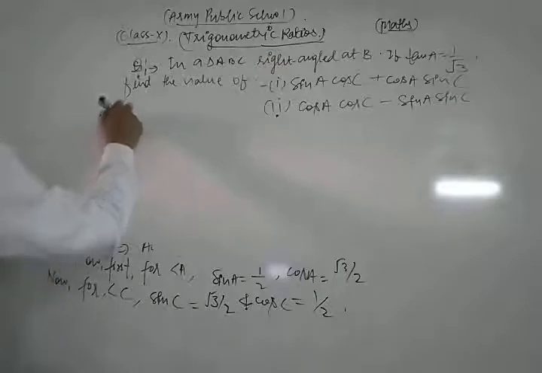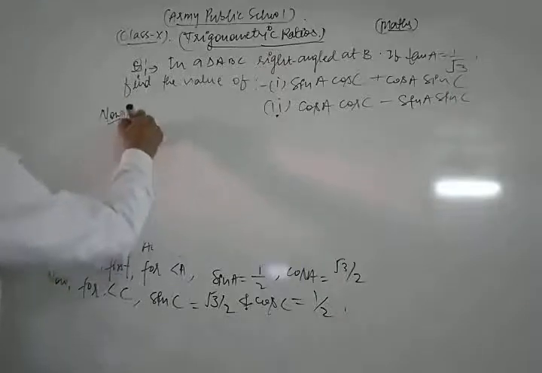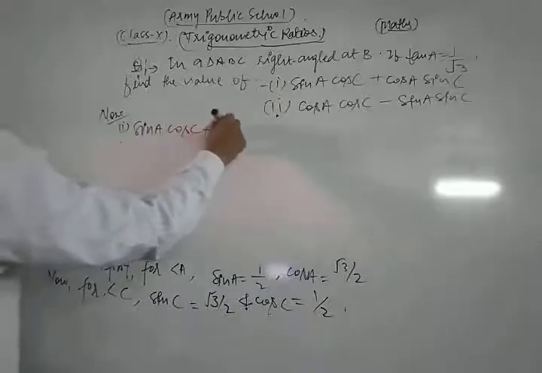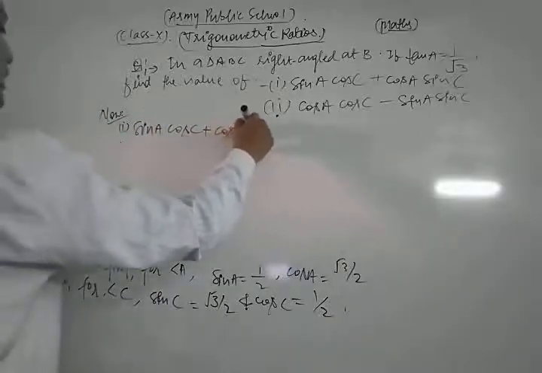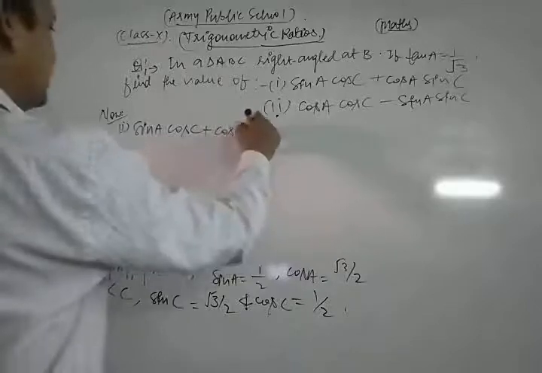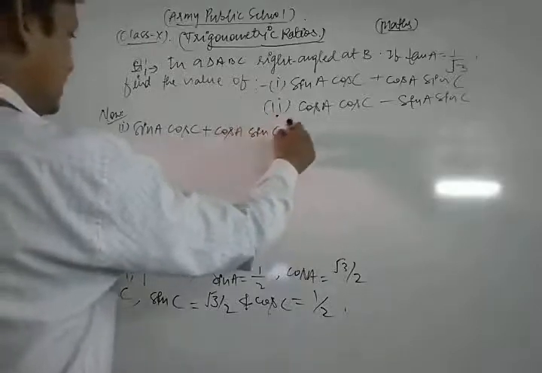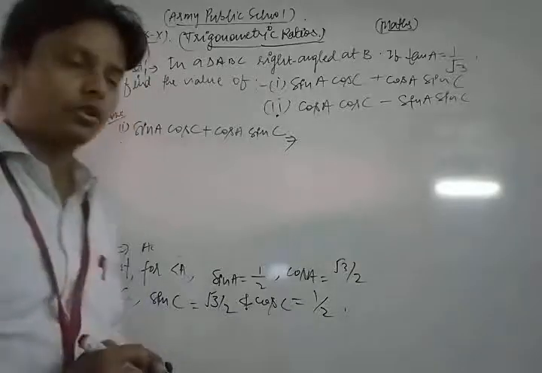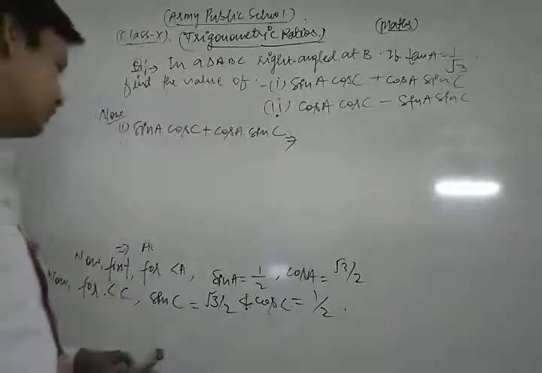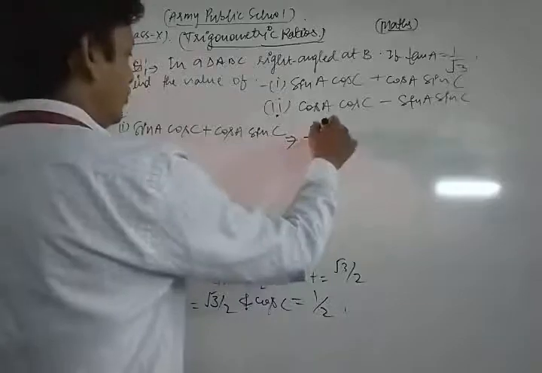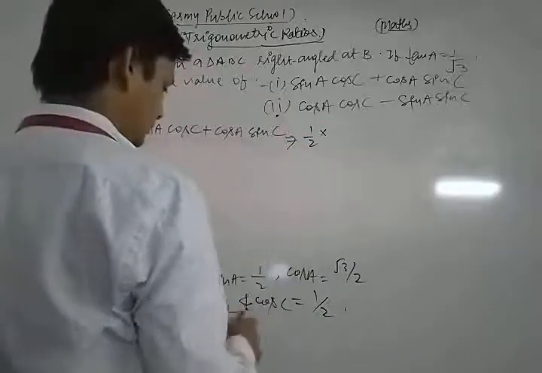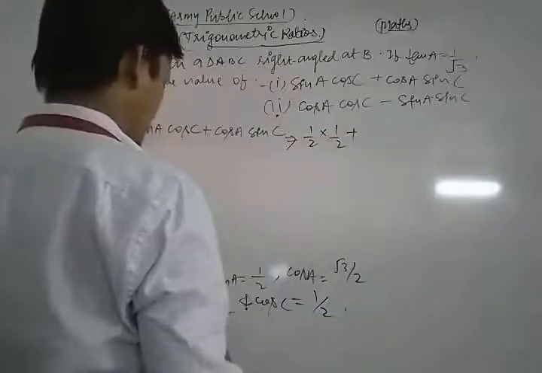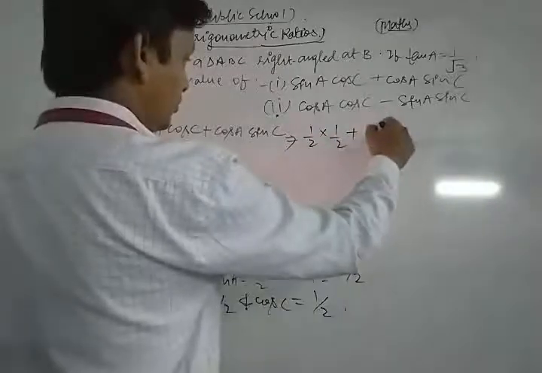Now first of all we take the first part. This is sin A cos C plus cos A sin C. Now we put the values of sin A, cos A, sin C and cos C. Look, sin A is 1 by 2, cos C is 1 by 2, plus cos A is root 3 by 2, sin C is root 3 by 2.